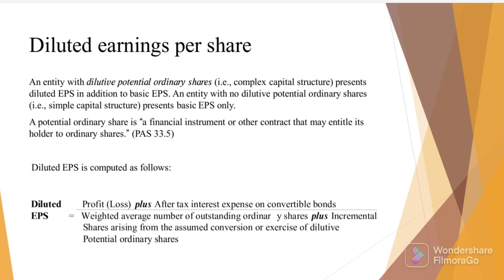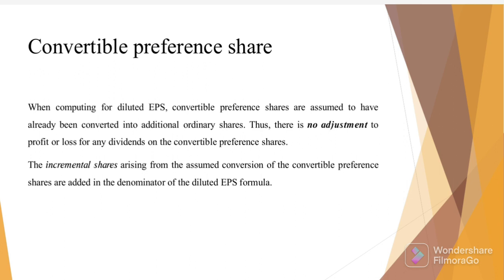Now let us proceed to the convertible preference shares, isa sa example ng potential ordinary share. Sa pag-compute ng convertible preference shares, ina-assume na na-convert na into additional ordinary shares yung convertible preference. Walang adjustment din sa profit or loss for any dividends on the convertible preference shares.